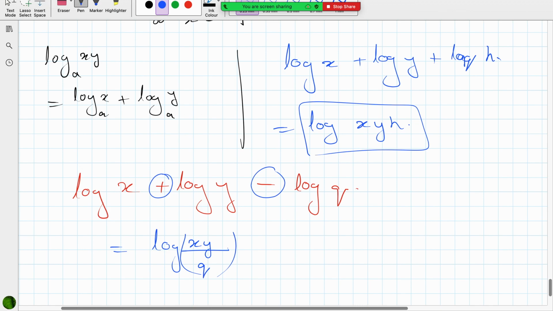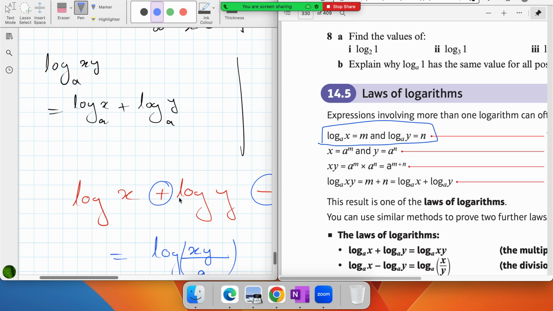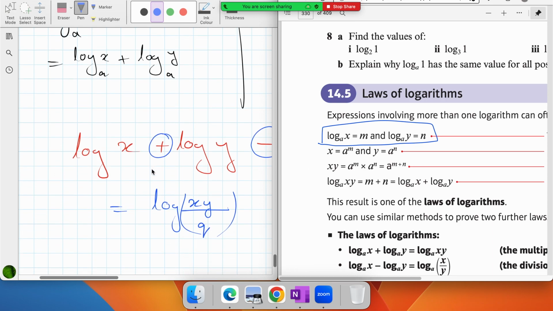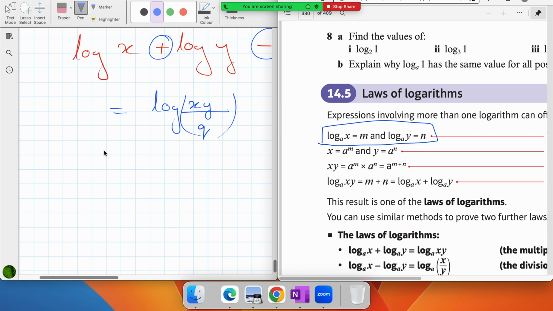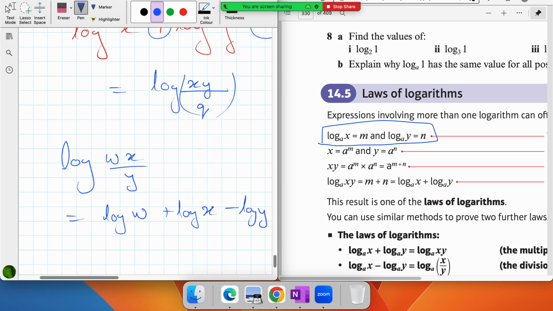So this was the next rule. Like you can go from here to log of wx over y. This reverse is possible: log of w plus log of x minus log of y. The one in the denominator comes with a negative sign. The one in the numerator comes with the positive sign.